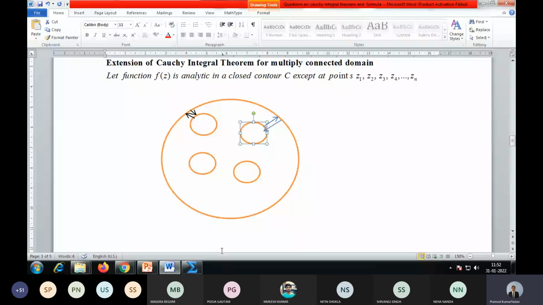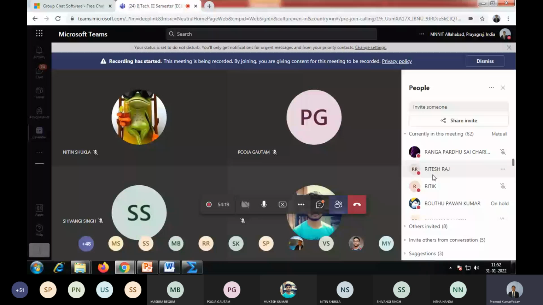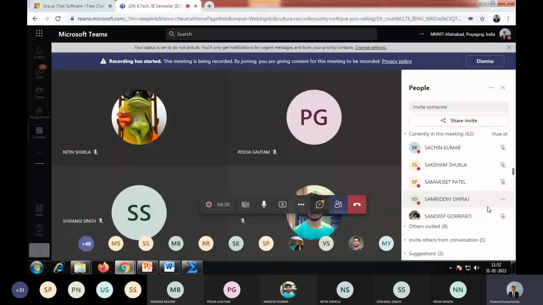Okay, so if the function is analytic everywhere except the points z1, z2, z3, z4 and so on, then Sachin Kumar. Saksham Shukla. Yes, sir. Yes, Saksham. Can we use Cauchy integral theorem in this case?